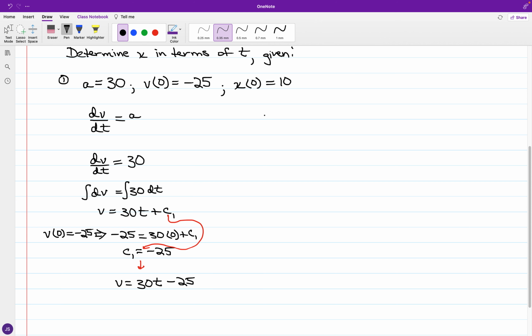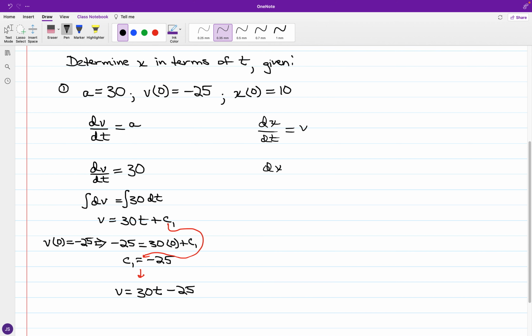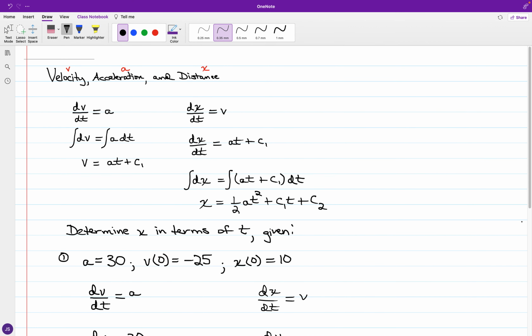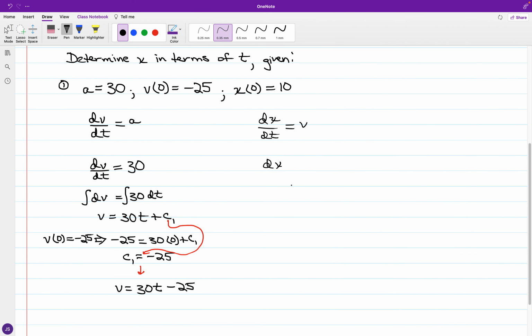So once again, we have the change in distance with respect to the change in time is equal to v, and I'm substituting 30t minus 25 for v.